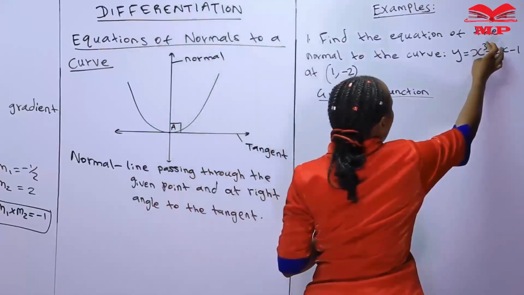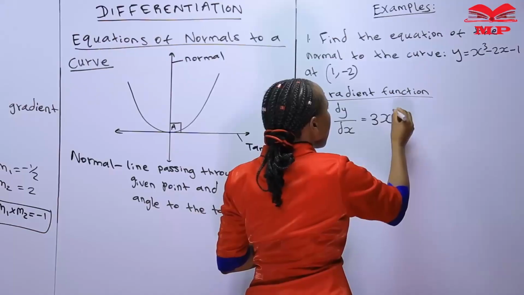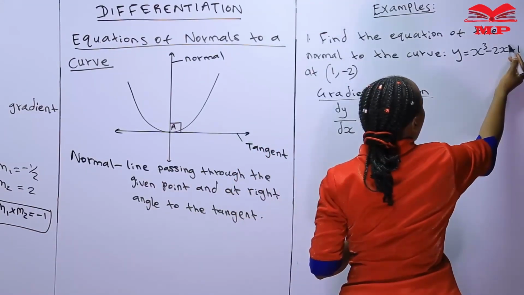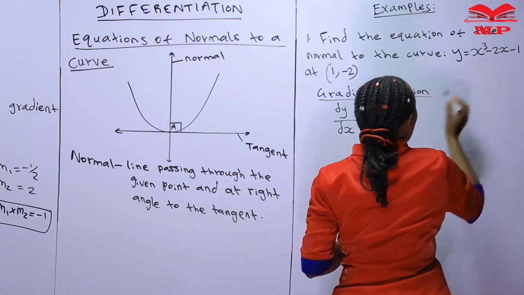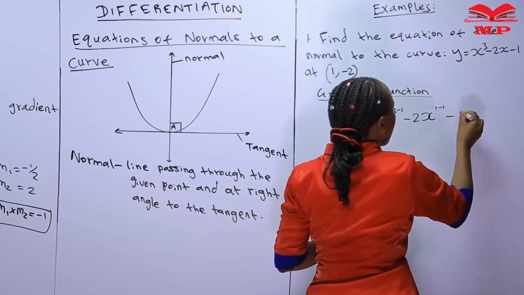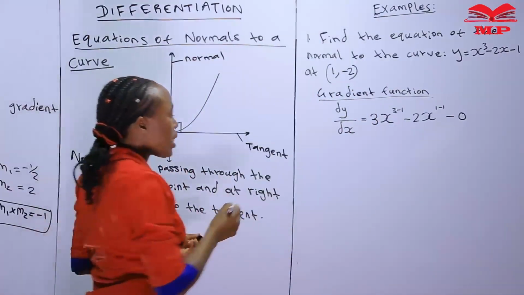So we have 3 times the constant of x, which is 1, so we have 3x to the power 3 minus 1. Then minus, here we have 1 times 2, which is 2, x raised to power 1 minus 1, then minus 0, because the derivative of a constant is 0.